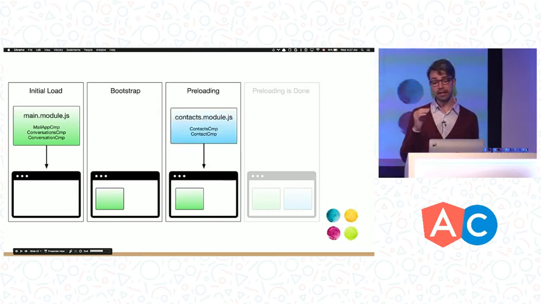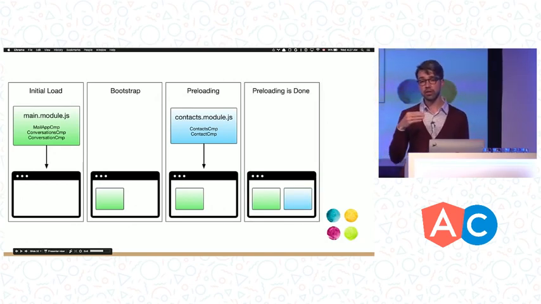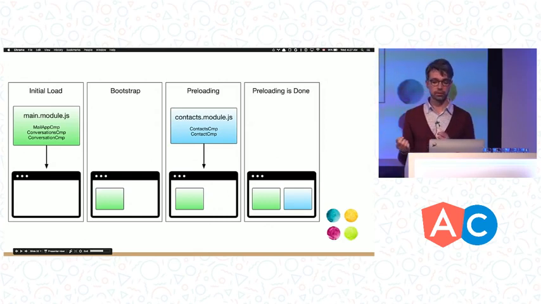While she is doing it, in the background, we preload other modules and merge all the configurations. So it works transparently. The user doesn't see it. The application is not stuck. And finally, when she clicks on a link, the navigation is instant. This allows us to get the best of both worlds. The initial load is very fast because the bundle is as small as it can be, and all subsequent navigations are instant.